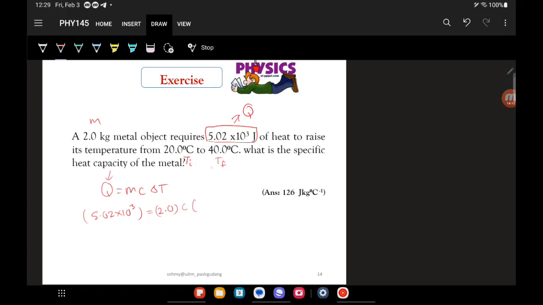For the change in temperature, remember that change is always final minus initial, so here it is 40 minus 20. We rearrange the equation: 10 to the power of 3 divided by 2, and 40 minus 20 leaves you with 20. Solve this and you should get the answer.